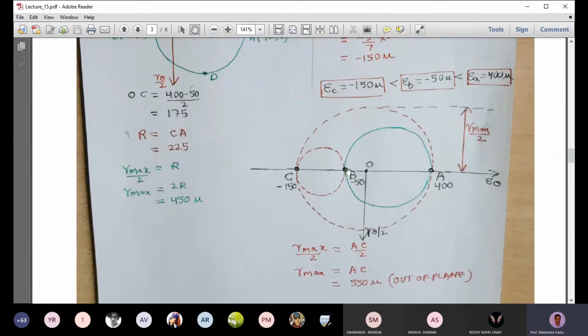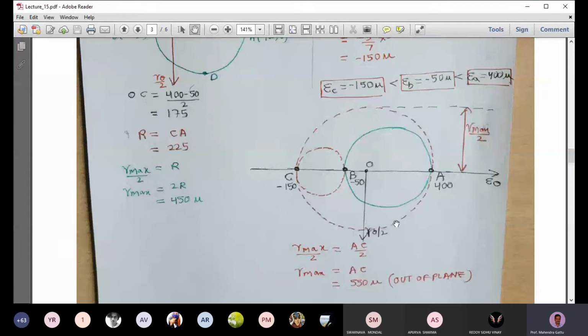We can draw a circle passing through A and B with AB as a diameter, and that corresponds to the in-plane strains for rotation about the z-axis. We can draw the remaining two circles: BC corresponds to rotation about the A-axis, and AC corresponds to rotation about the B-axis.